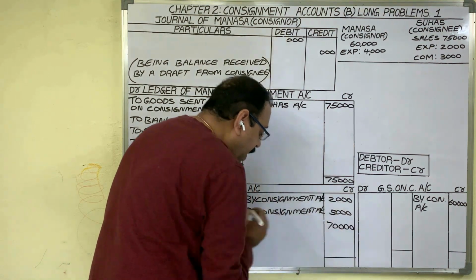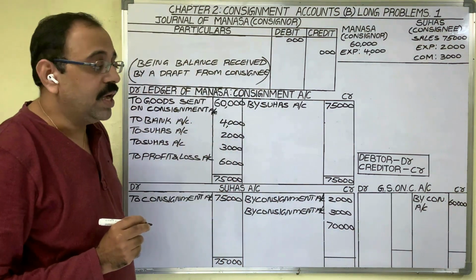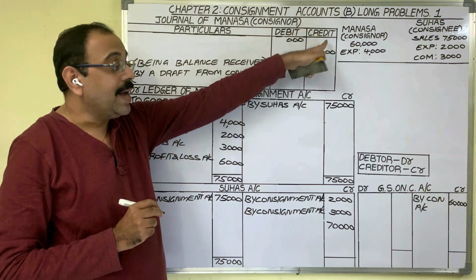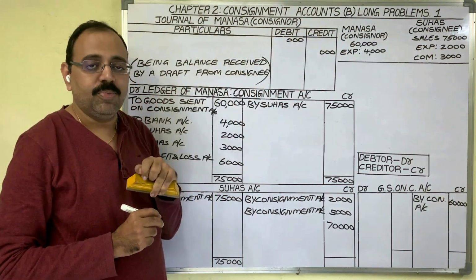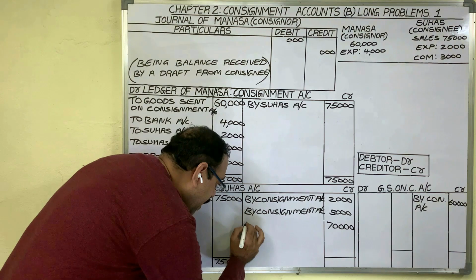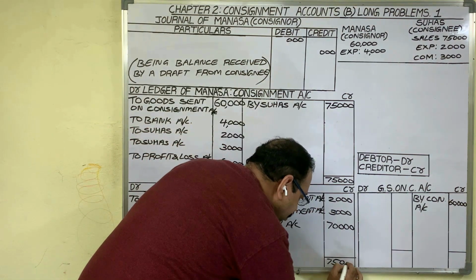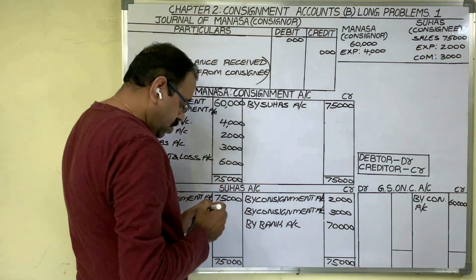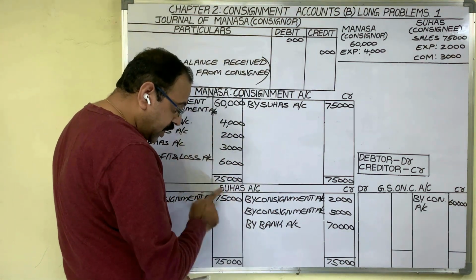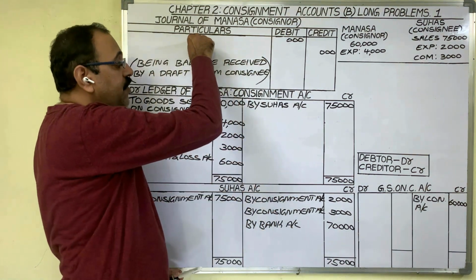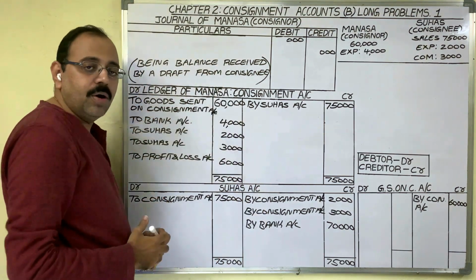For this, what to write? In the question, it is given that Suhas sent a bank draft for the balance amount. Therefore, we have to write by bank. Put the total 75,000. Now, based on this posting, let us frame the journal entry for the balance amount.